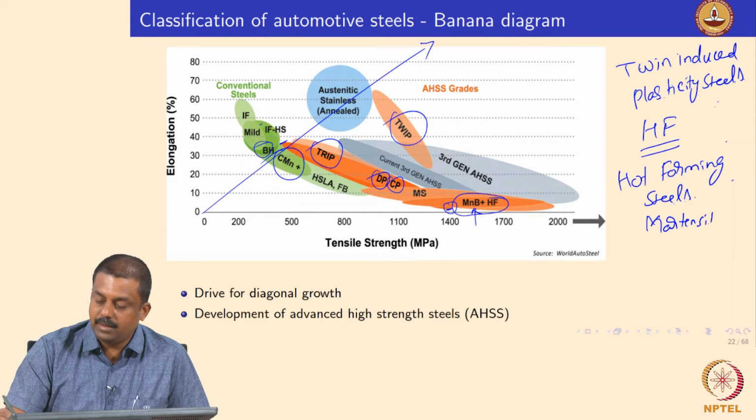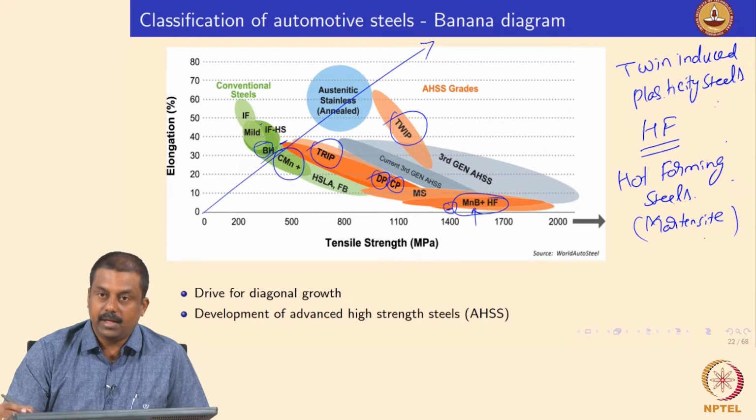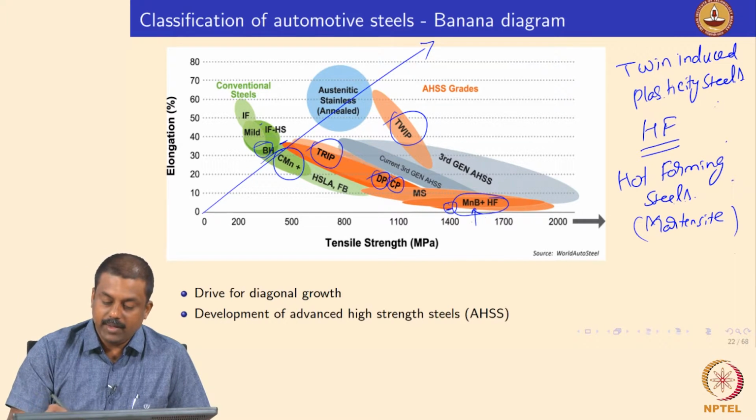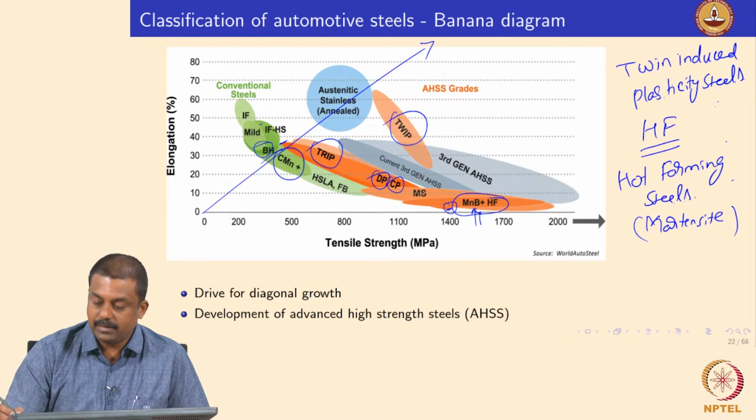So you begin with a ferritic pearlitic microstructure, you take it to austenitizing temperature and deform it at austenitizing temperature, and then subsequently cool to room temperature. And during this cooling process, after you make the component, the microstructure becomes completely martensitic. Thereby the strength of the component is increased to close to 1500 MPa UTS.